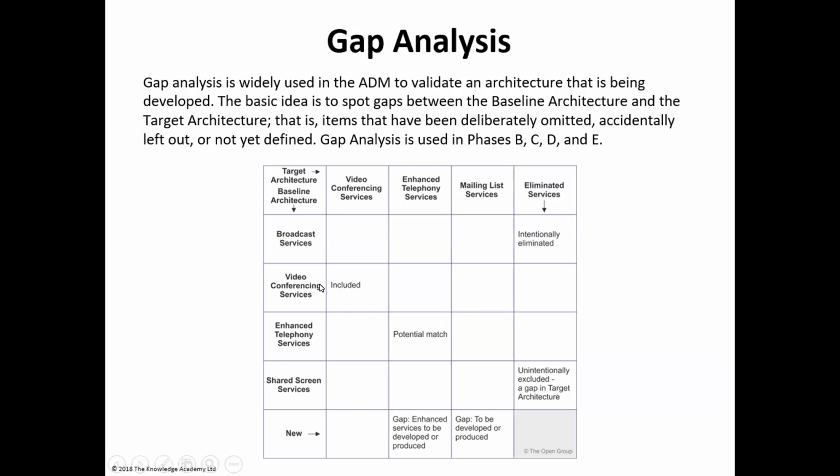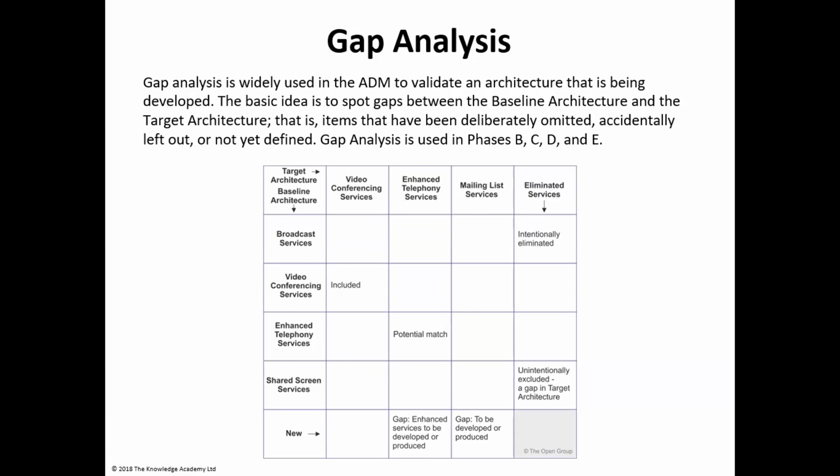Second one, video conferencing service, do you see that in the target? Yes, it is there. Third one, telephony service, do you see that in the target? Yes, it is there. However, it says potential match, which means it may not be exactly what you're looking for. Potential match means most probably you have to make some changes.